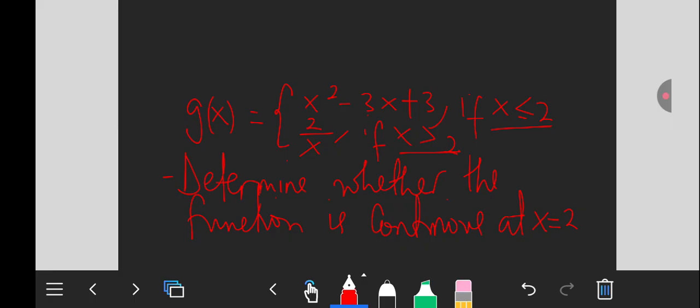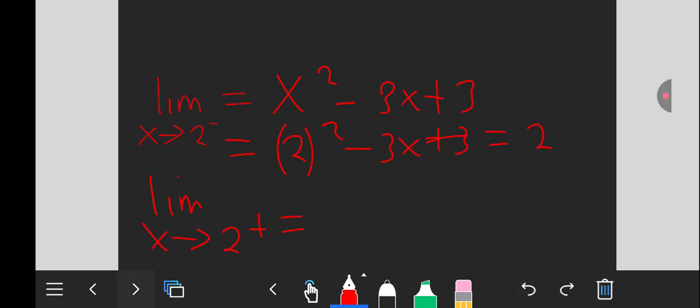So what would be the limit? So let's check. From the right hand side, we're going to use that one which does not include 2, which is greater than 2, in short. x is greater than 2. The domain is the one which we are going to use. So we're going to use the expression 2 over x, but where there is x, we're going to substitute 2 according to the limit. So 2 divided by 2, that is a 1.